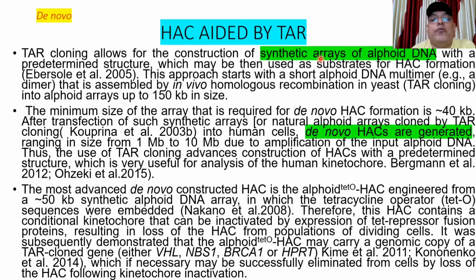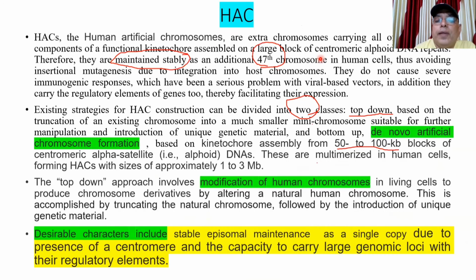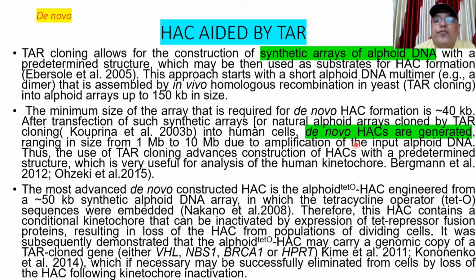And the first point was that we transfer the alphoid satellite DNA of about 50 to 100 kilobases, not base pairs, kilobase pairs. So this 50 to 100 kilobase pair is to be transferred first.